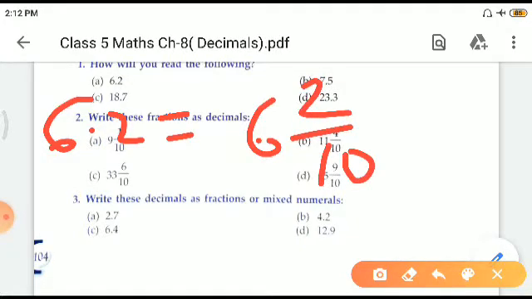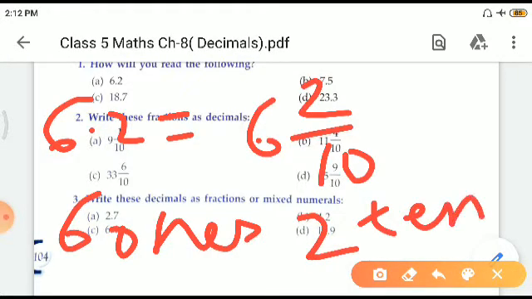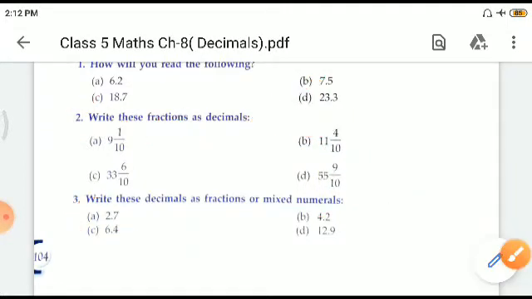So 6 ones and 2 tenths. Like this you will write 6 ones, 2 tenths, right? Okay. Next, read these fractions as decimal. 9 1 upon 10. So this will be 9 ones and 1 tenth, right?